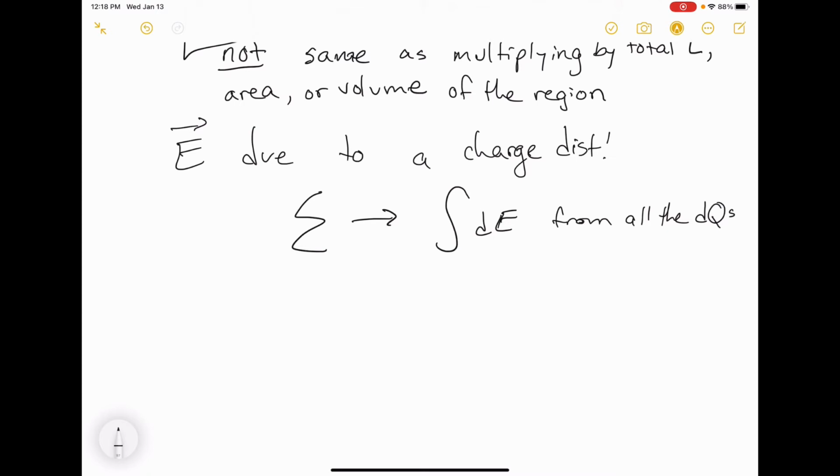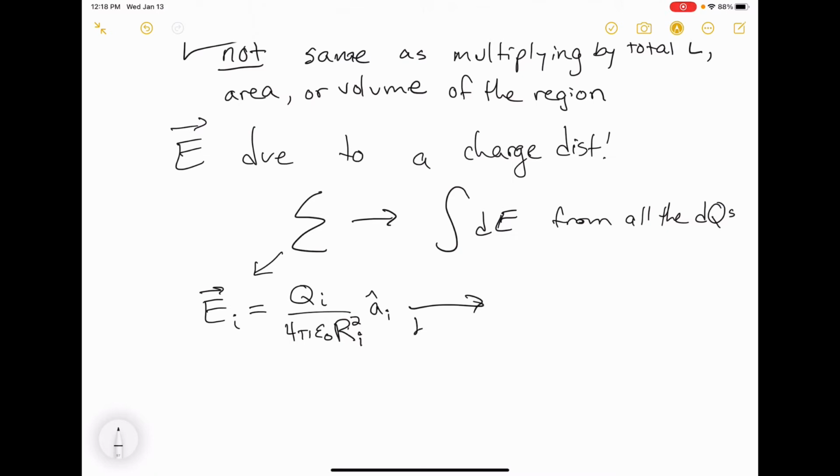The way that this looks is that the electric field due to some point charge i, if we were doing the sum, is going to be q sub i divided by 4 pi epsilon naught r sub i squared times the unit vector a hat i.